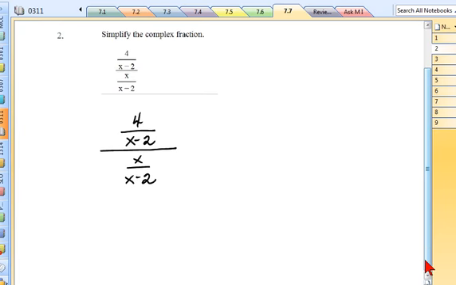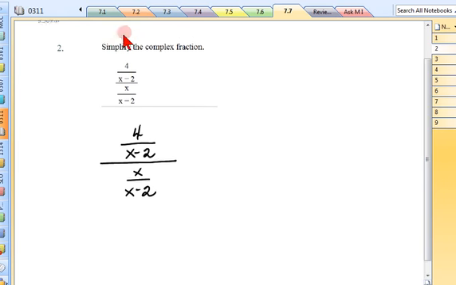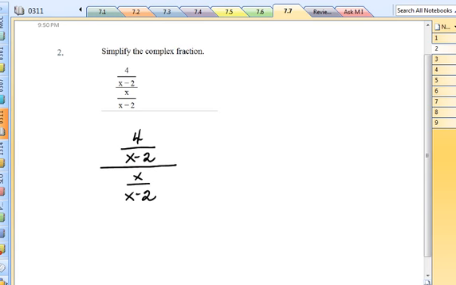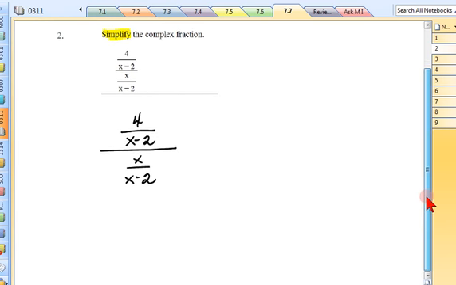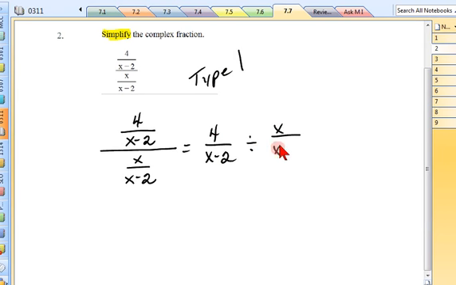My instructions tell me to simplify it. And how do I simplify a type 1 problem? Write it as division. So this will be 4 over x minus 2 divided by x over x minus 2.